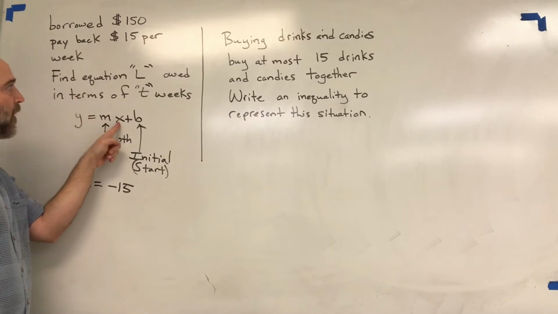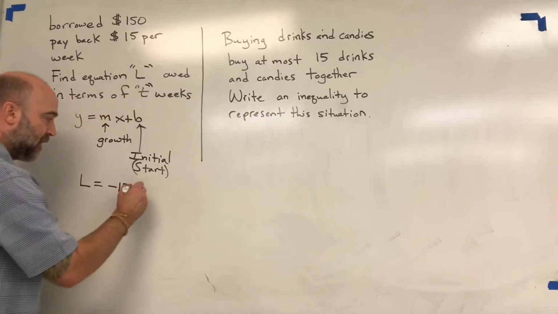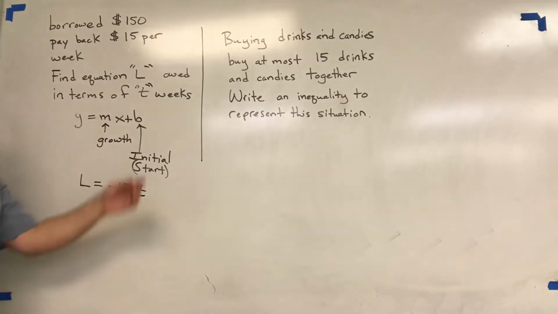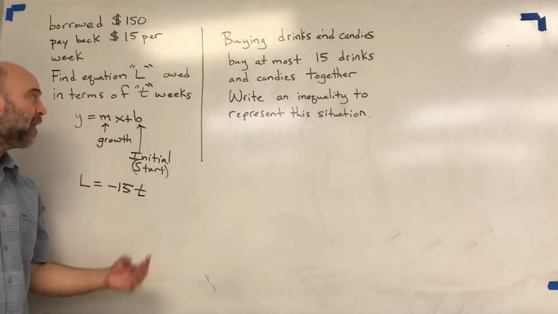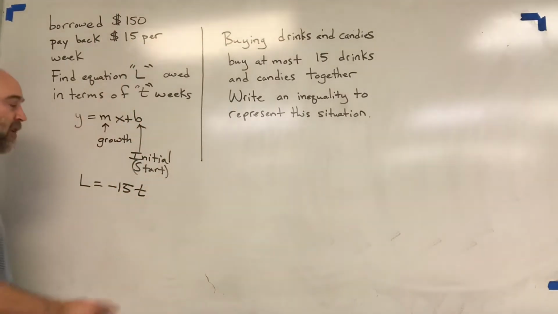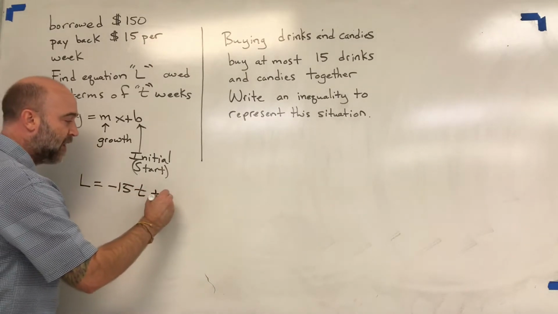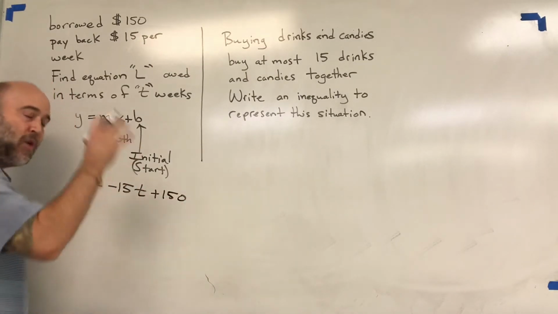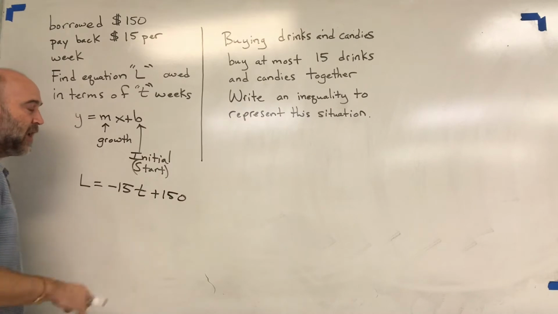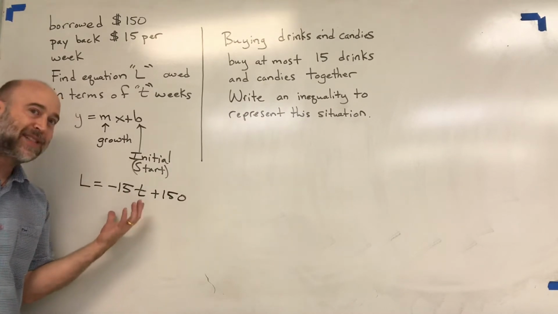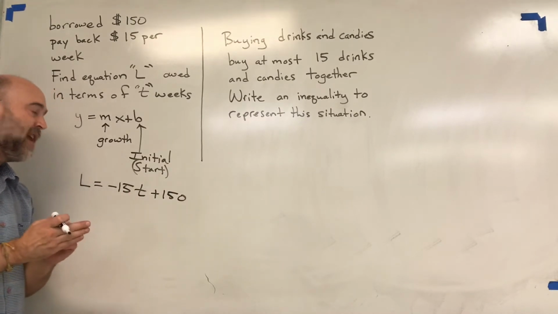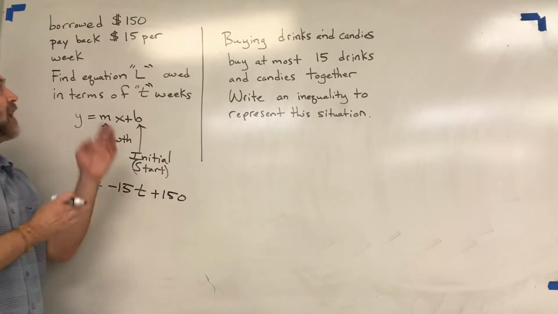Our variable for x in terms of weeks, they're using the letter T. And our initial or starting amount, real clear, is a positive $150 because that's how much we owed them initially. So you can use, like I said, a test example to make sure you got it right. After 1 week, I borrowed $150.